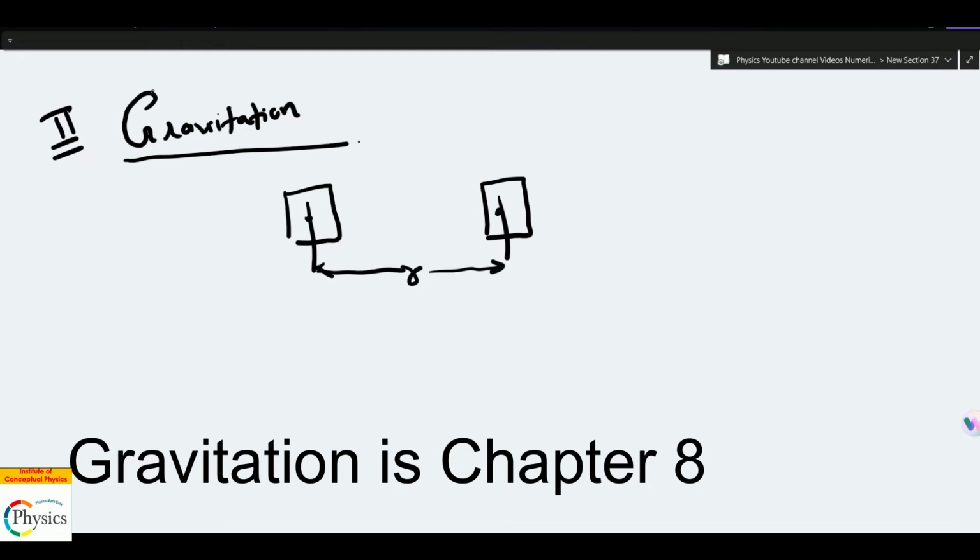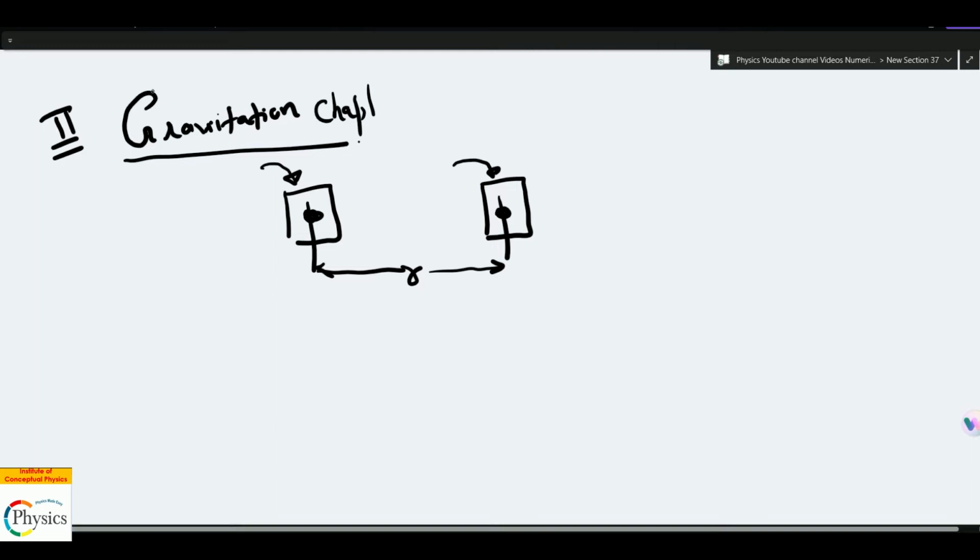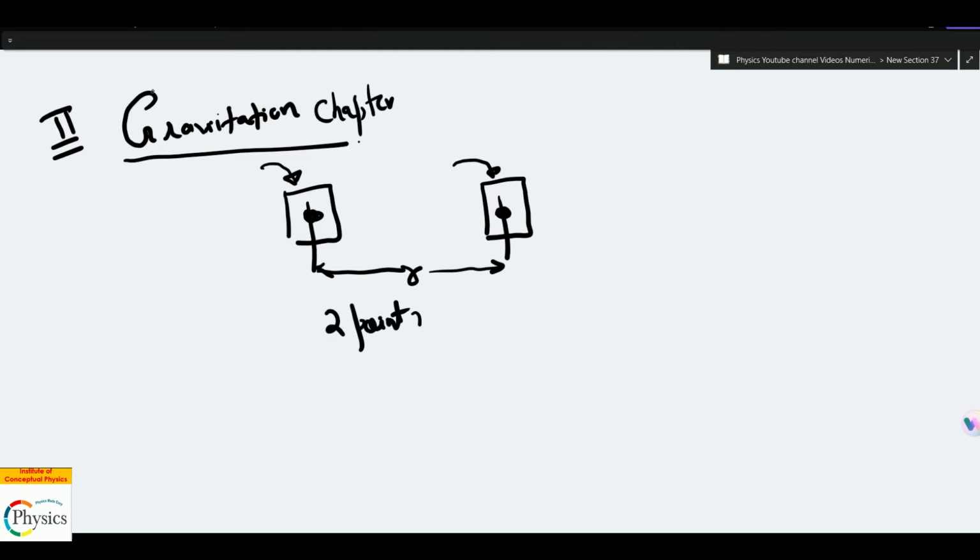The two bodies we can call point masses, where the mass is concentrated. So the chapter is gravitation, and you have two point masses.